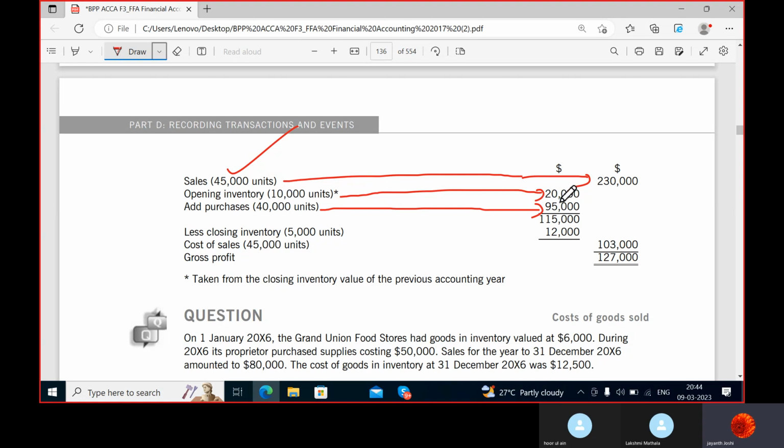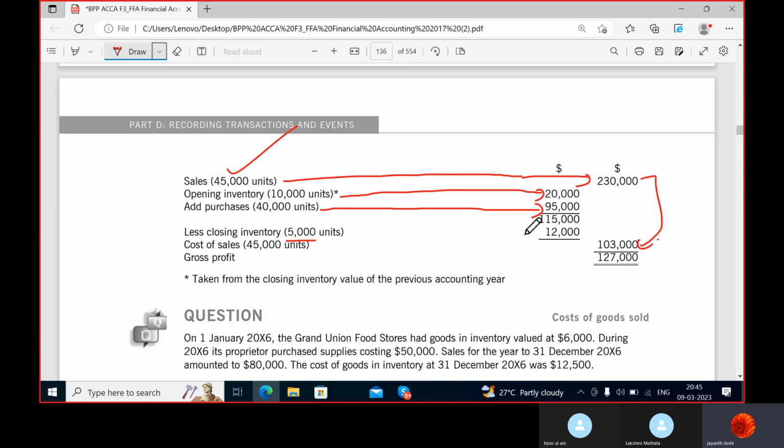We did not sell it, so we took it as opening inventory this year. 40,000 units we purchased and the cost is 95,000. And this year also we did not sell 5,000 units. What we are not selling, we'll remove from the units we have, so that we only take those units which we are selling and the cost of those units, to match with the revenue of the units we are selling.